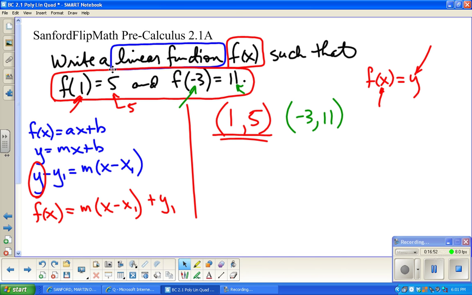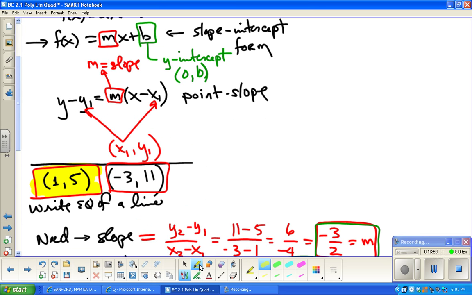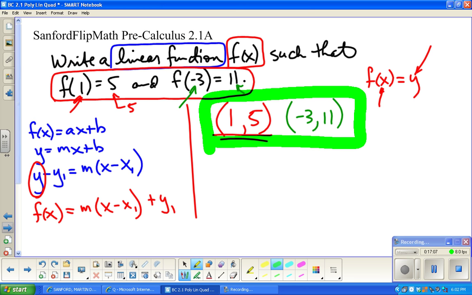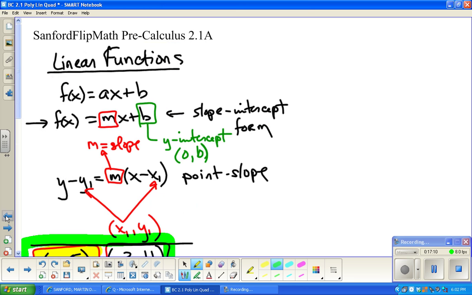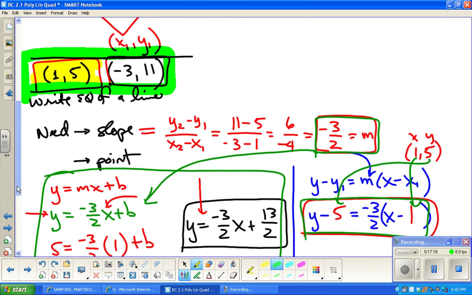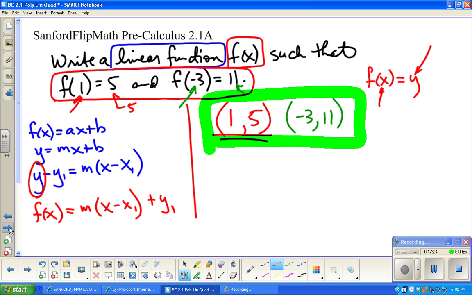In fact, I was being sneaky, or at least I thought I was. I tried to give myself away, though. Look at this information, (1, 5), and (negative 3, 11). It's the same question. The only difference is when you get done, negative 3 halves x plus 13 halves, you'd have to write f of x equals that.